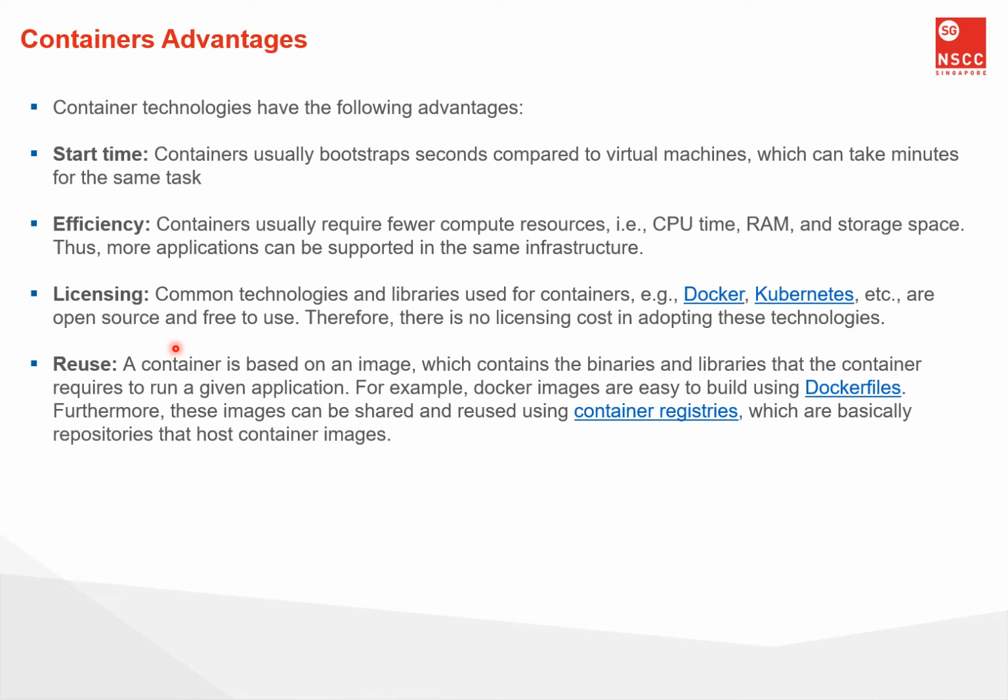Fourth, reuse. A container is basically based on the image, and because it's very lightweight, the image only contains the binaries for the application and the libraries itself. The image does not actually contain the operating system code. So Docker images can be easily built using the equivalent of Vagrant files here called Docker files, which are actually configuration files.